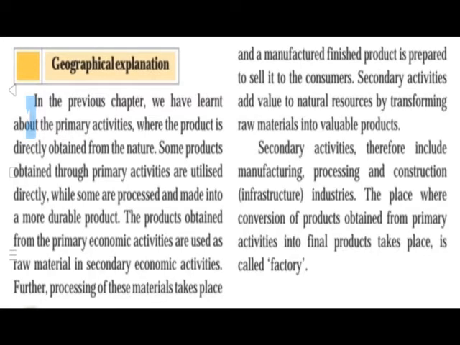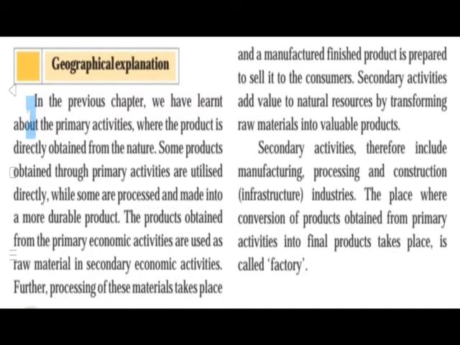The products obtained from the primary economic activity are used as raw material in secondary economic activities. So why did we do the first chapter as primary economic activities? Because the basis of secondary activities is more so on primary activities. Further processing of these materials takes place and a manufactured finished product is prepared to sell to all the consumers.